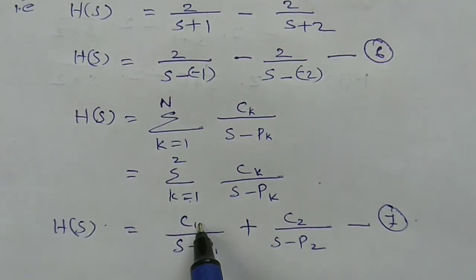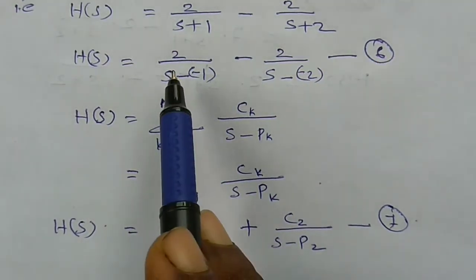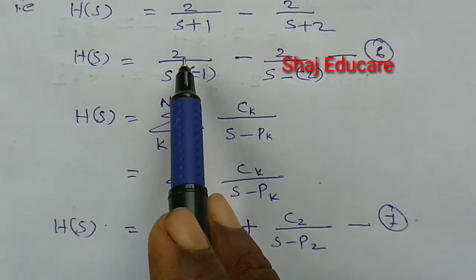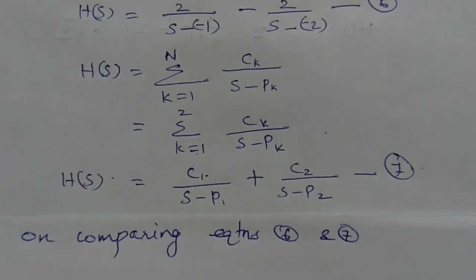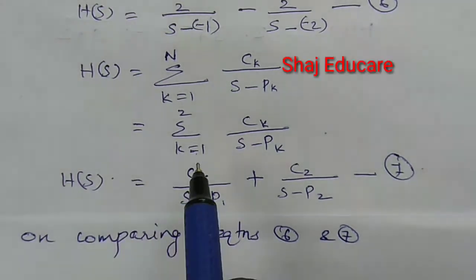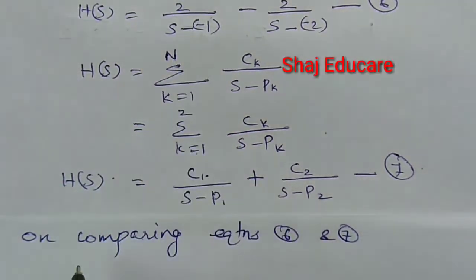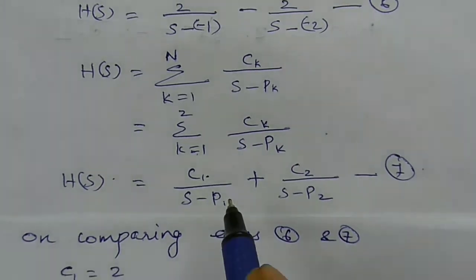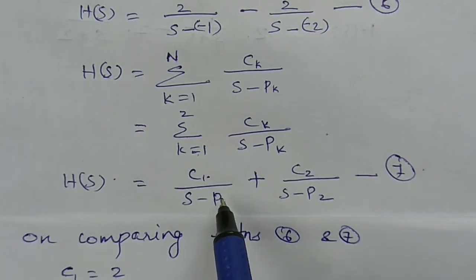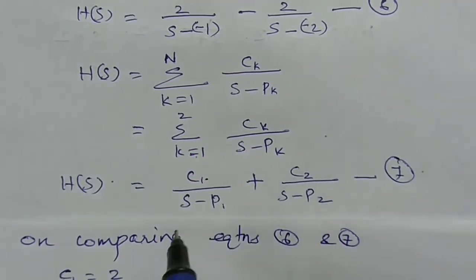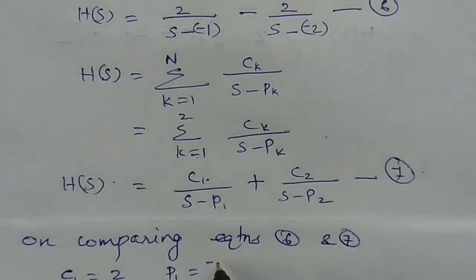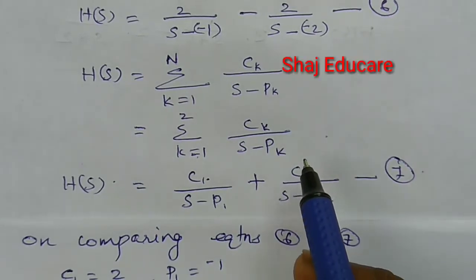Here we can say that C1 is equal to 2. Then what about the value of P1? P1 is equal to minus 1. Then what about the value of C2?